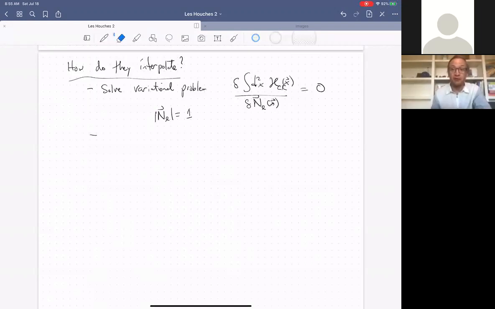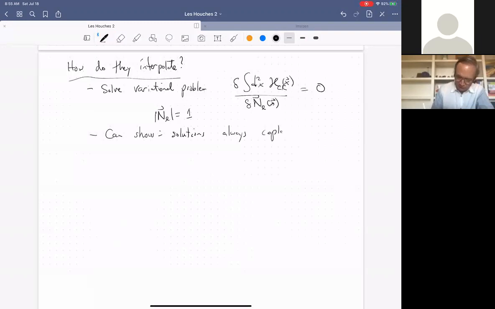It results in 2 partial differential equations for the Néel vectors in the 2 layers. One can show that the solutions are always coplanar. So that kind of makes sense for this model.